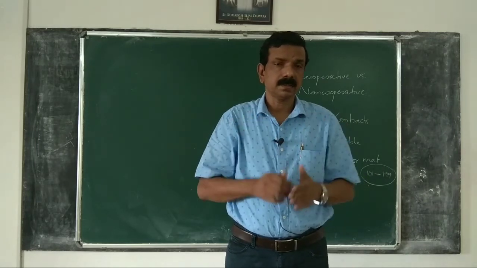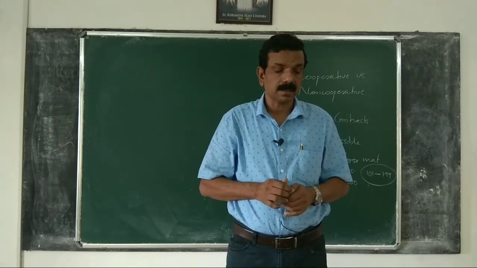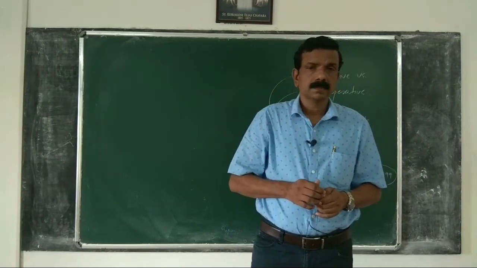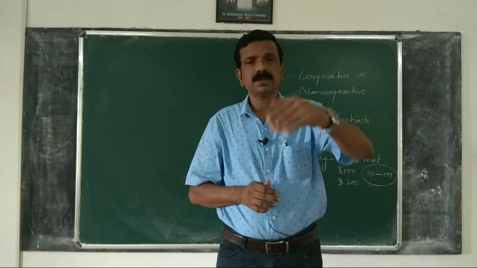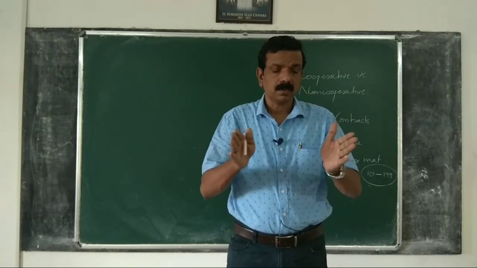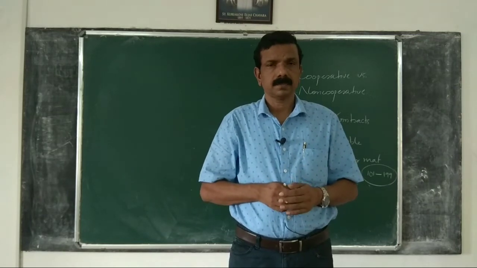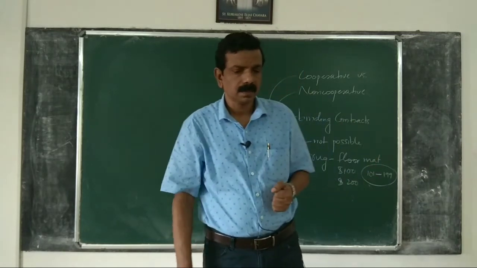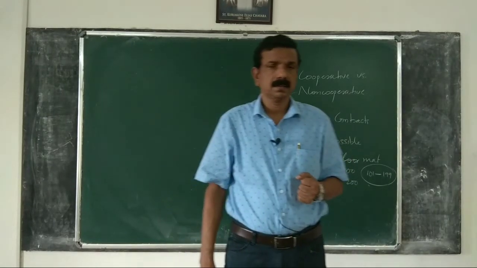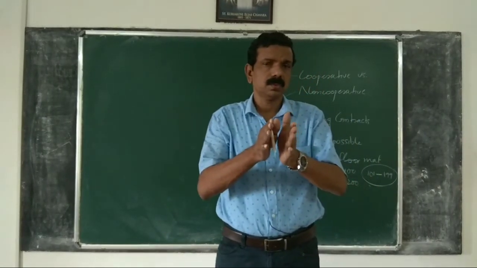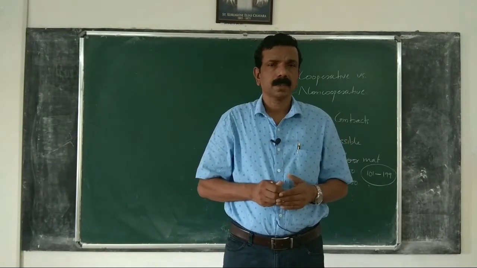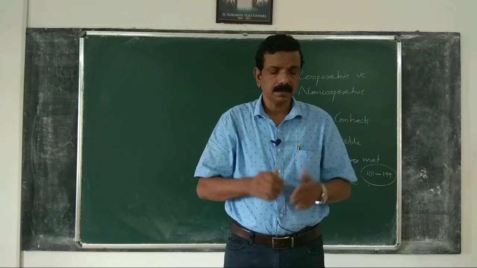Non-cooperation will be the result if binding contracts are not possible. And remember this, in the real world, most of the games we observe are non-cooperative in character. And in game theory, our main concern is how to analyze and how to study the outcomes, the equilibrium, the solution of a non-cooperative game.